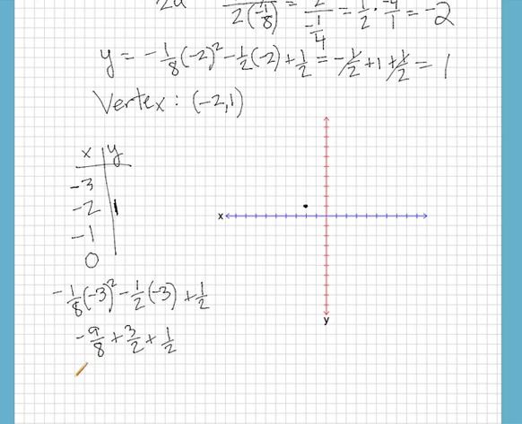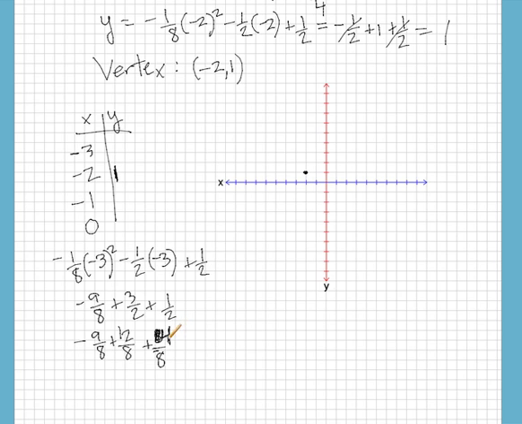Okay, so then the least common denominator is 8, so negative 9/8 plus 4 times 3 is 12 over 8 plus, sorry, times 4, so we have 4/8 here. Okay, so we have 3 plus 4 is 7/8.